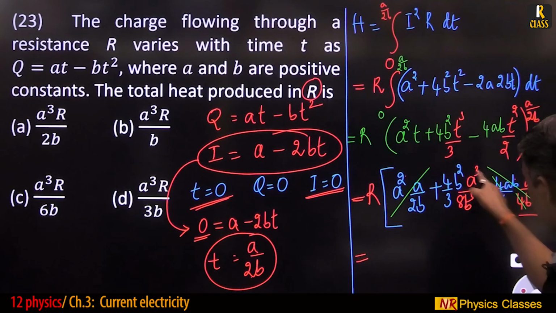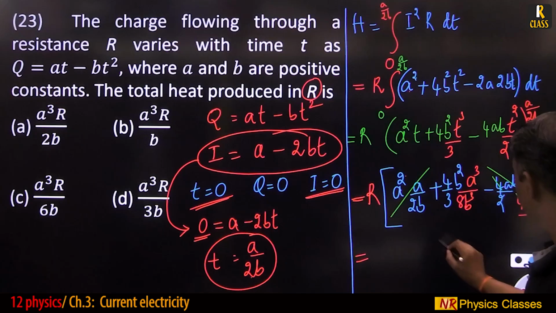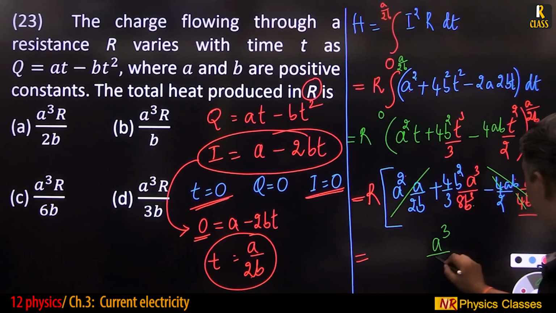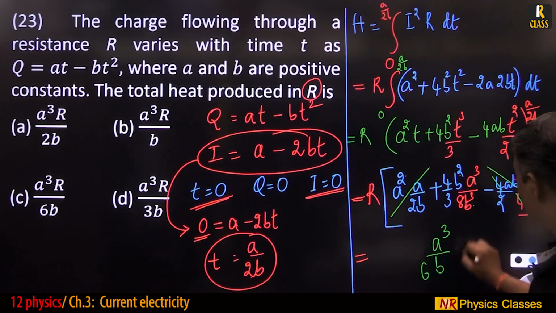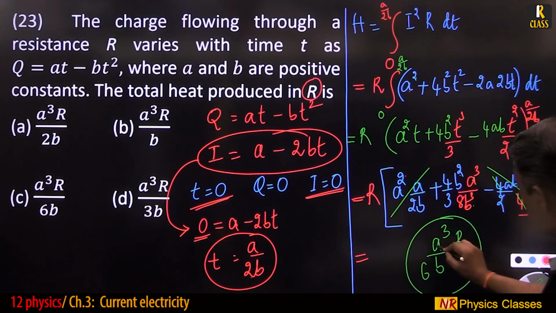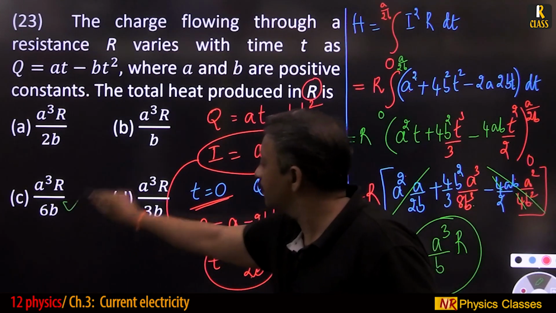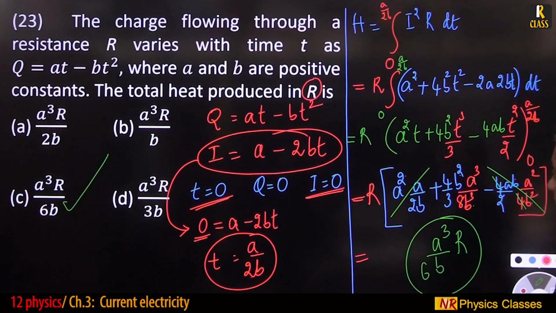So we are left with only this. So it is A cube, B square, B cube is B, 4, 1, 2, 6, into R. So A cube by 6B times R. So that is the heat energy liberated.